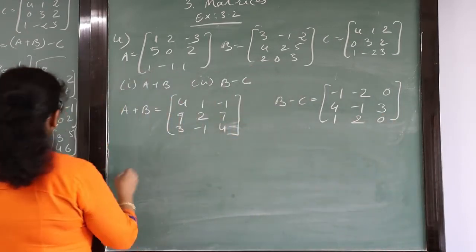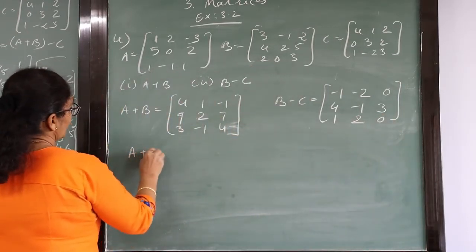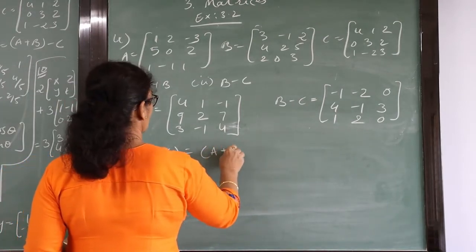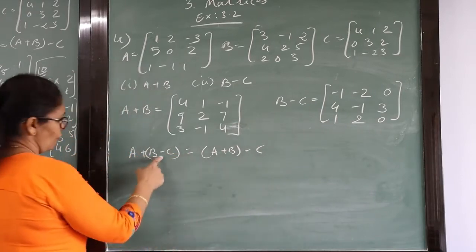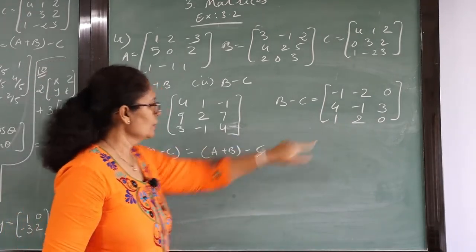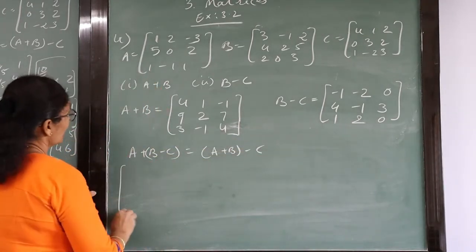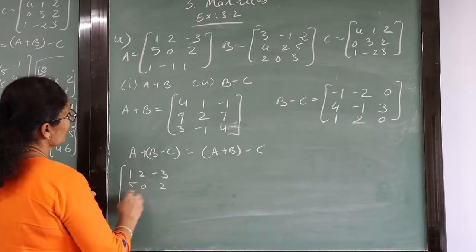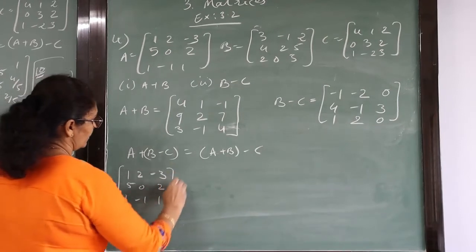Now one more result you have to verify, that is A plus B minus C equal to A plus B minus C. Now we have already B minus C here. So let's add in A. A is 1, 2, minus 3, 5, 0, 2 and 1, minus 1, 1.